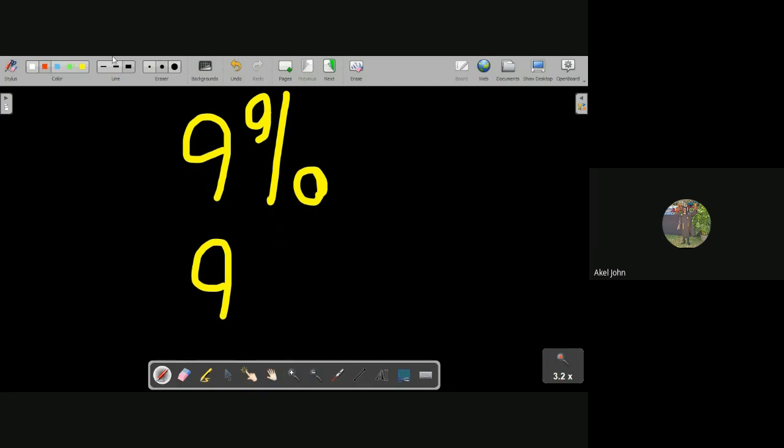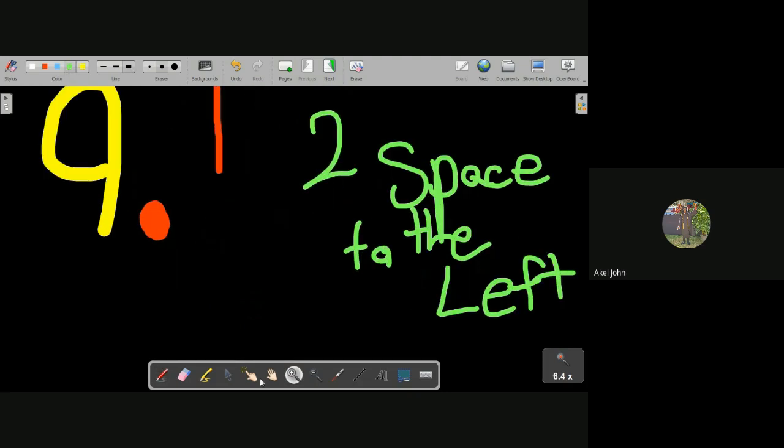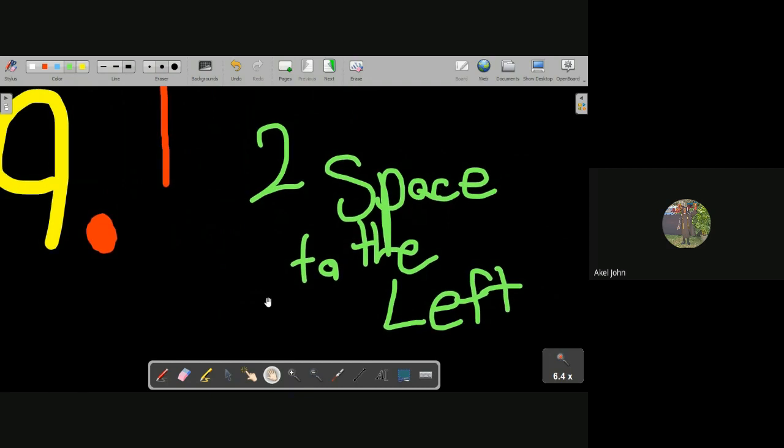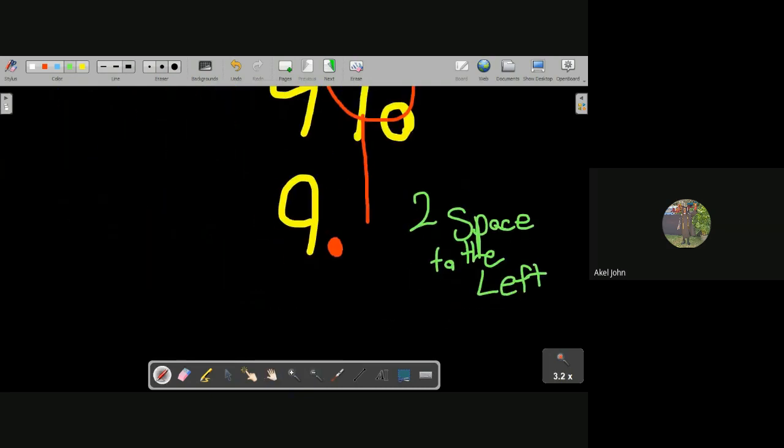And we're going to turn this percentage sign into a decimal point. And from there, we're going to move 2 spaces to the left. Write this down, 2 spaces to the left. That's going to be 1, 2.